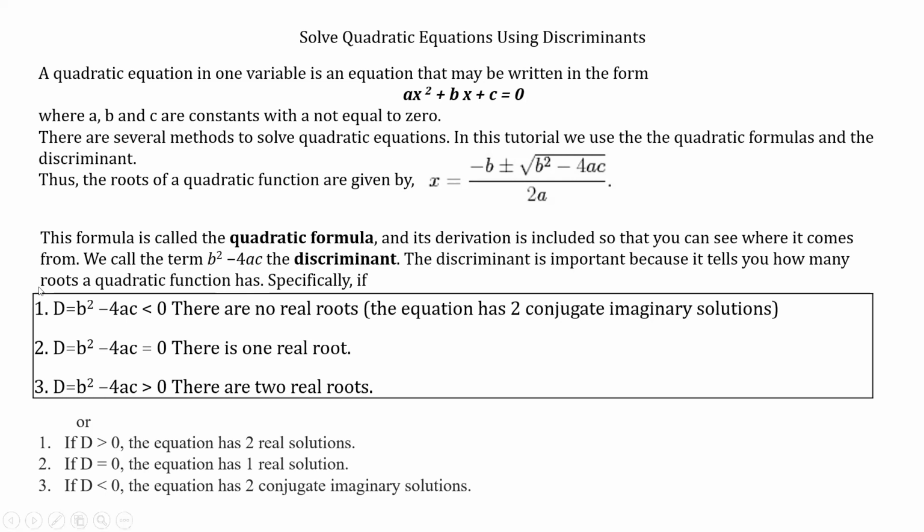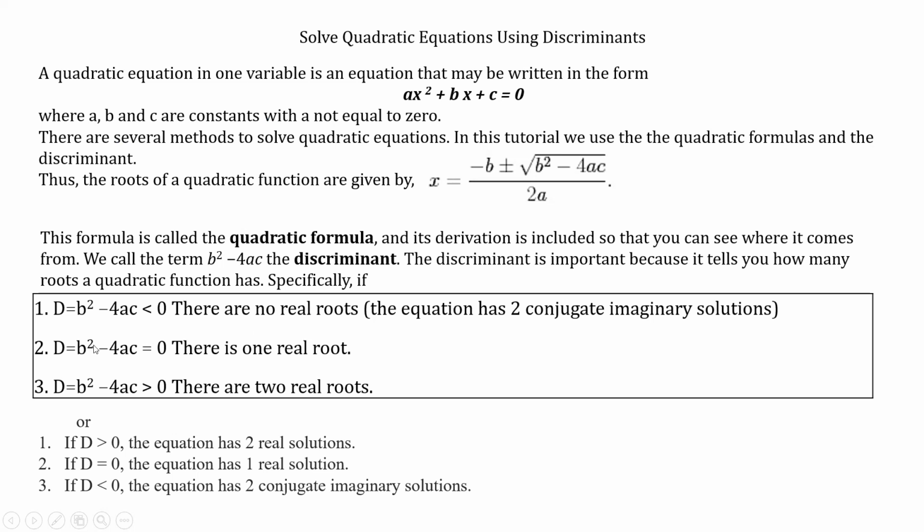Specifically, if the value of the discriminant is less than 0, then there are no real roots of this quadratic equation. The equation has two conjugate imaginary solutions, but does not have real solutions.